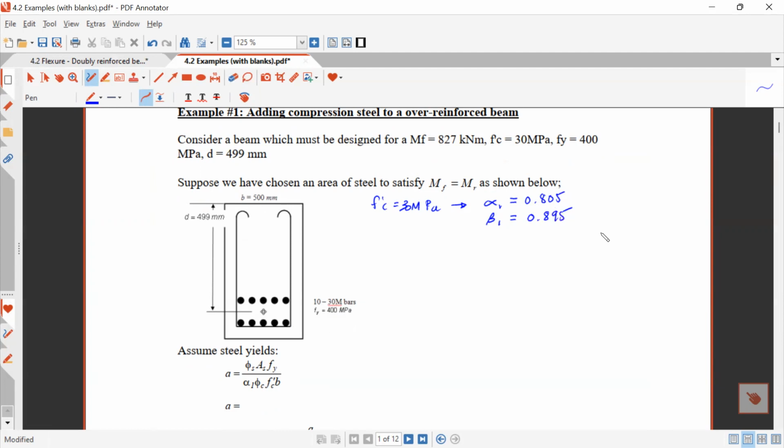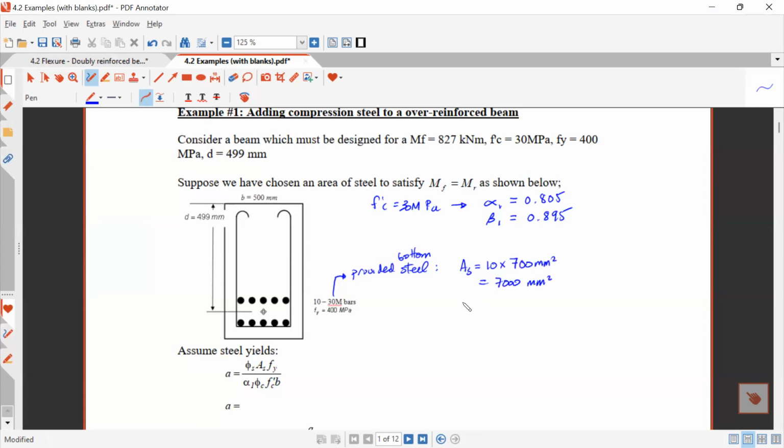Okay, the amount of steel that we're providing, the bottom steel, is As equals 10 times 700 millimeters squared. That's 7,000 millimeters squared.